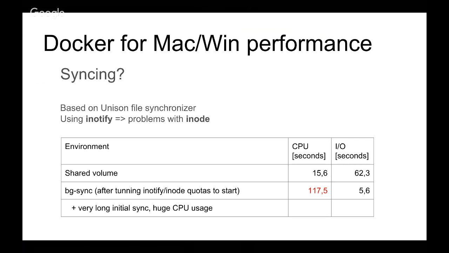All of them are based on Unison, which can maybe be compared to rsync or something like that. But it has to use iNotify to be notified of file changes.